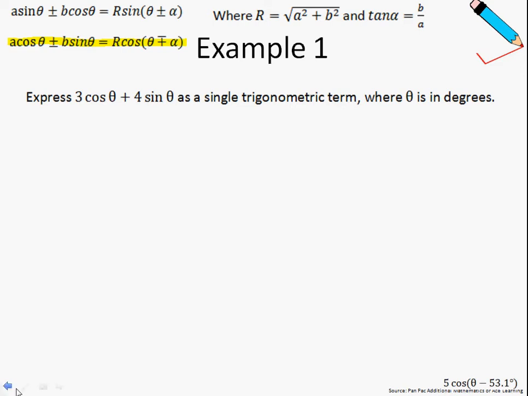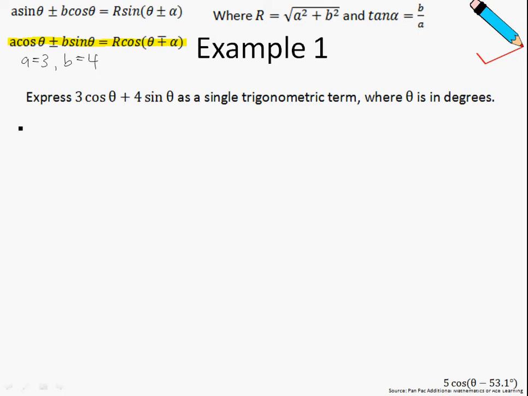So we will first identify our parameters. Staring at this formula that I've just highlighted, can we identify our a together? a is just 3, and b is just 4.